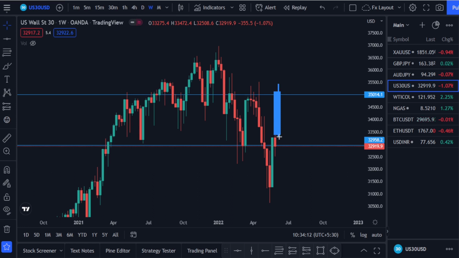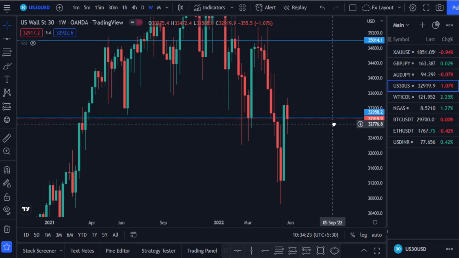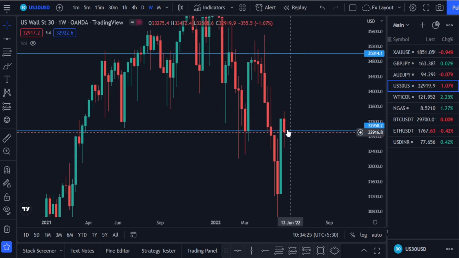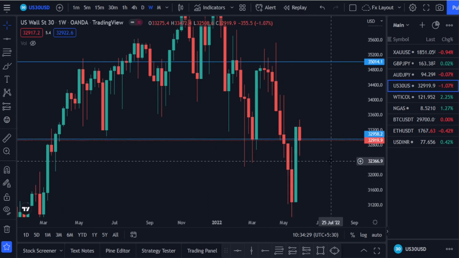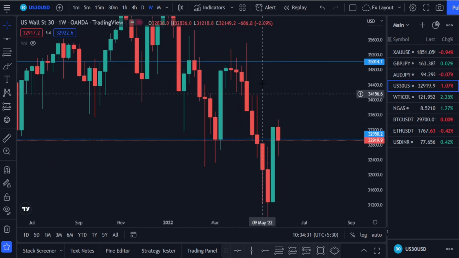But this is what we expect when there is a normal candle with a bottom and top wick. If you have seen my last week video, I already mentioned that we had this weekly candle close bullish back into the range, but this candle doesn't have a top wick. A missing top wick means we do not have the range to move up. Now if you see, all these candles had wicks.